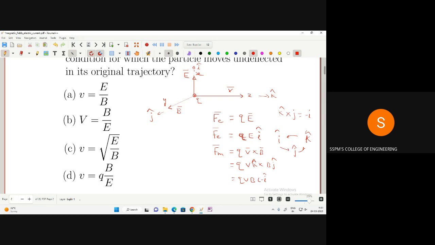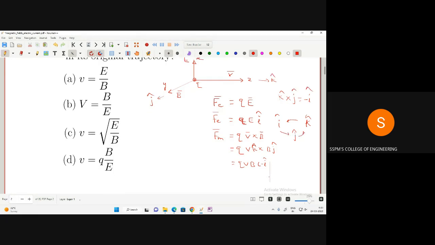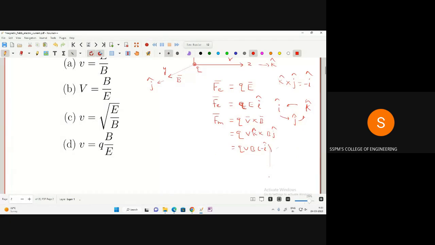We want k cap cross j cap. We are going in the clockwise direction. It will give minus i cap, isn't it? So the magnetic force due to the magnetic induction is q into V into B into minus i cap.